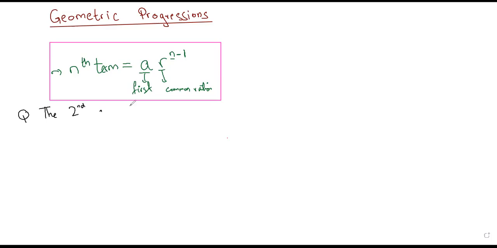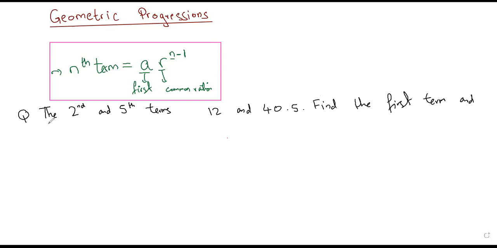The second and fifth terms are 12 and 40.5 respectively. Find the first term and the common ratio.